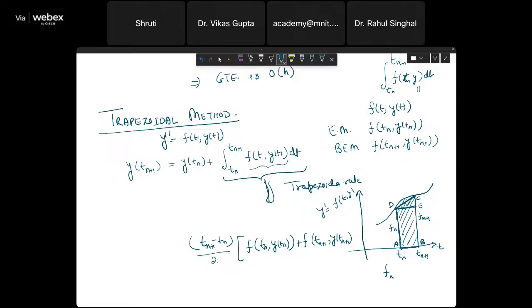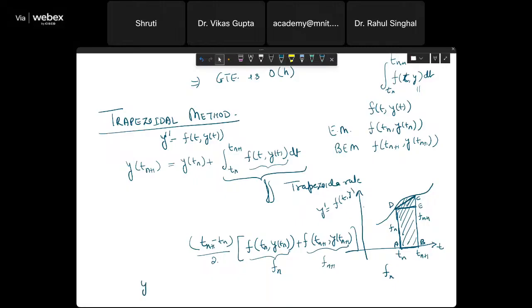This is by the formula for the area of the trapezoid, or you can divide it into two parts and compute it, and you will end up with this. Tn plus 1 minus Tn is nothing but h, so we can replace it by h. And as I mentioned, in short, I am going to write these two things as fn and fn plus 1.